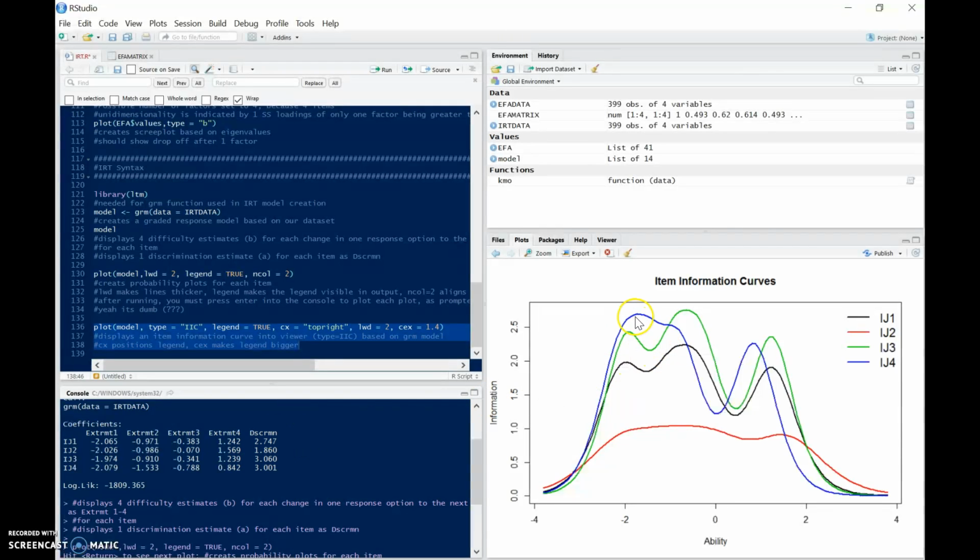So we have troughs that exist basically at the same time, but we see that IJ3 has a higher discrimination than IJ1.